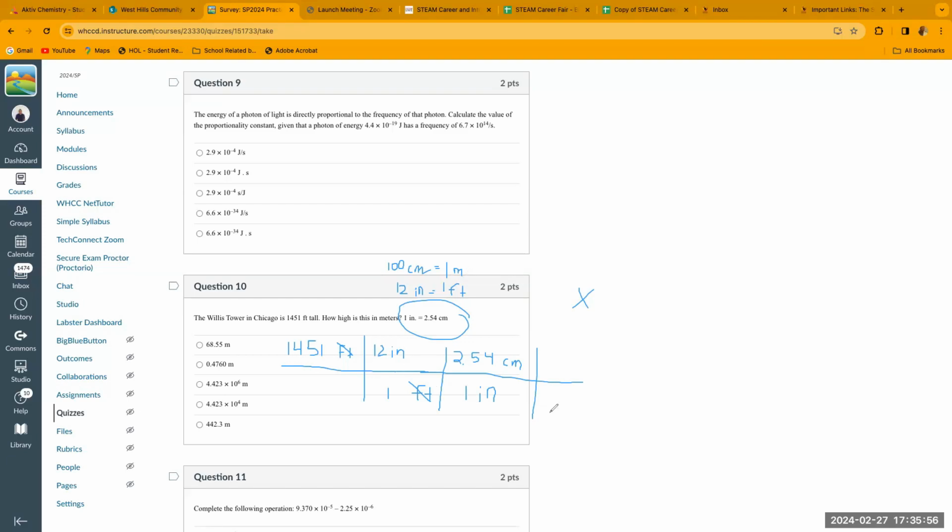Okay, so do we want to put centimeters on the bottom or do we want to put centimeters on top? Since I want to get to meters, that's my goal. That's right, we're going to put it on the bottom. So I'm going to put our 100 centimeters on the bottom and then our 1 meter on top.